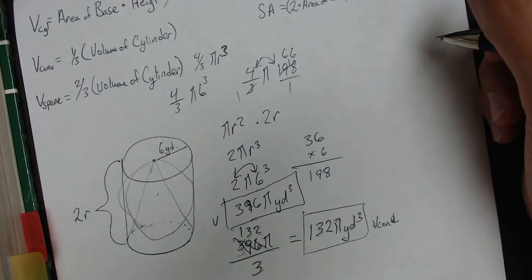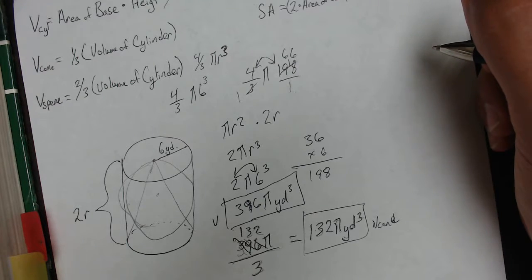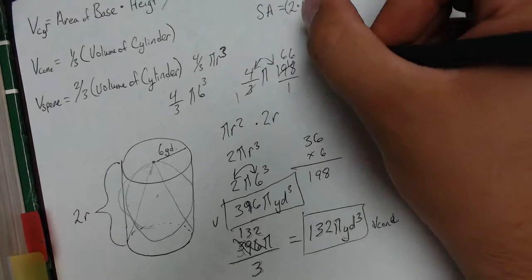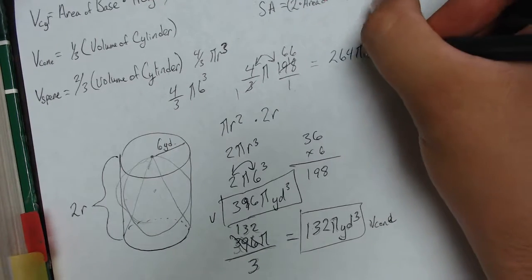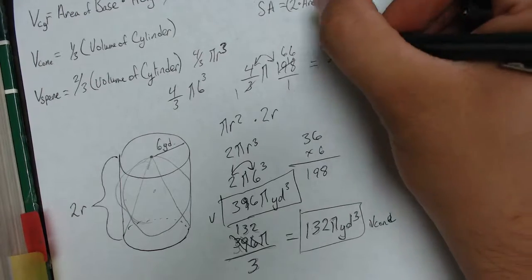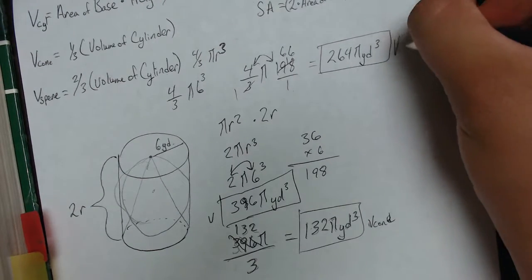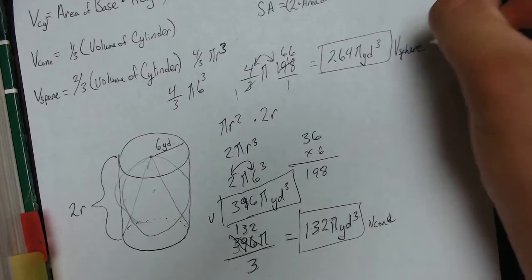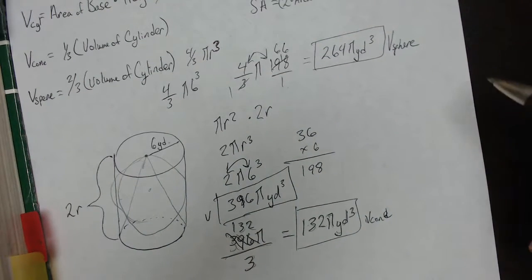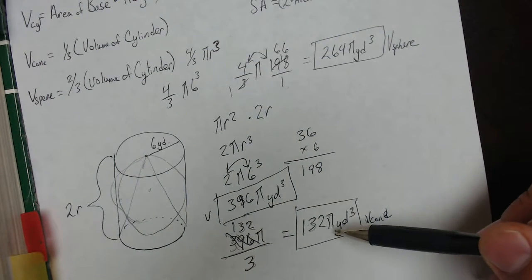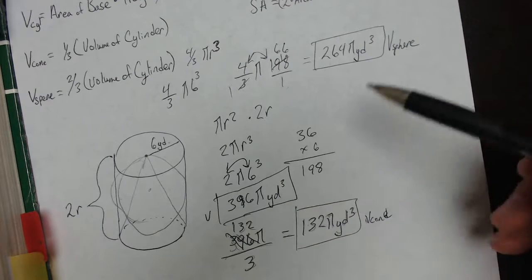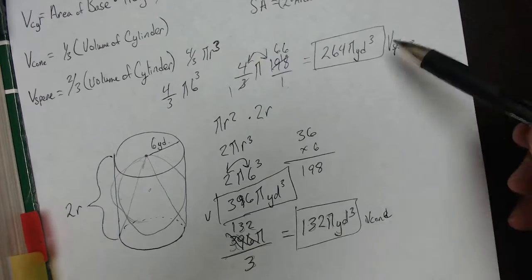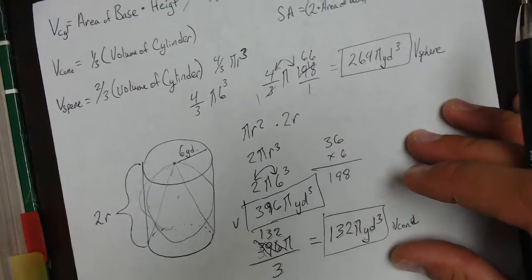That gives us the volume of a sphere in yards cubed. And if we double check, that is exactly double our volume of the cone. If you remember, the cone was 1/3 of the volume. If this is 2/3, we should be able to double this to get that. So we're done with all of our volume problems.